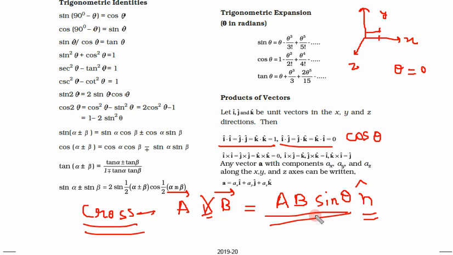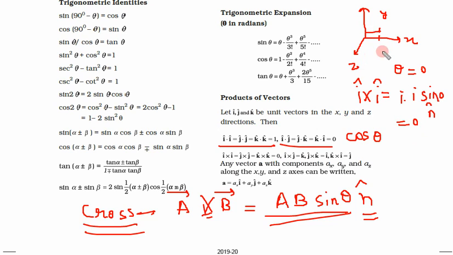Let us put the value. i cross i is equal to, what is the magnitude? 1 sine 0 into unit vector, and sine 0 is equal to 0. So this whole thing becomes 0.